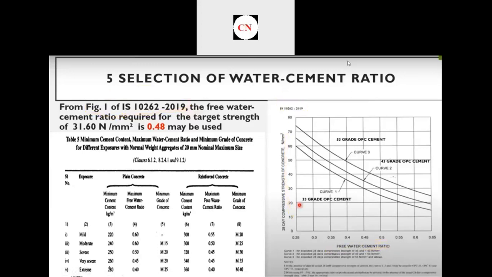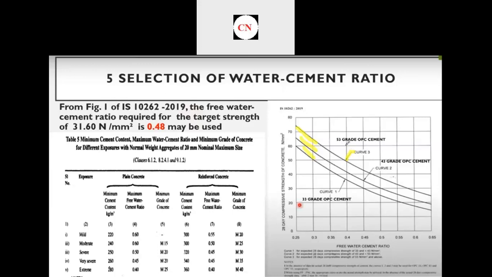You can see these variations not for only one type of cement. There are three types of cement, therefore three distinct curves in this chart or graph.